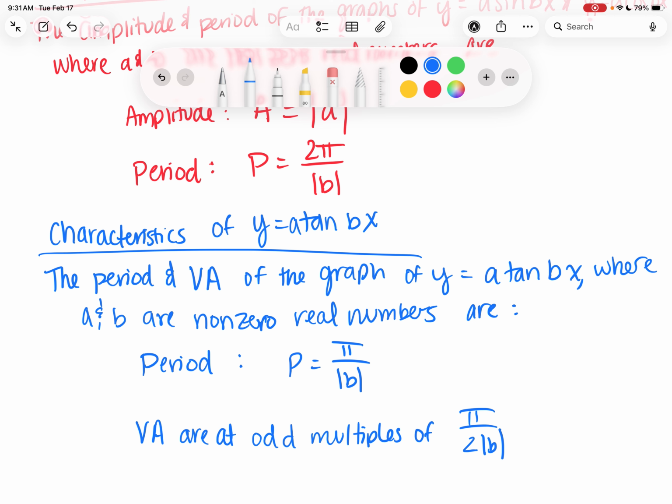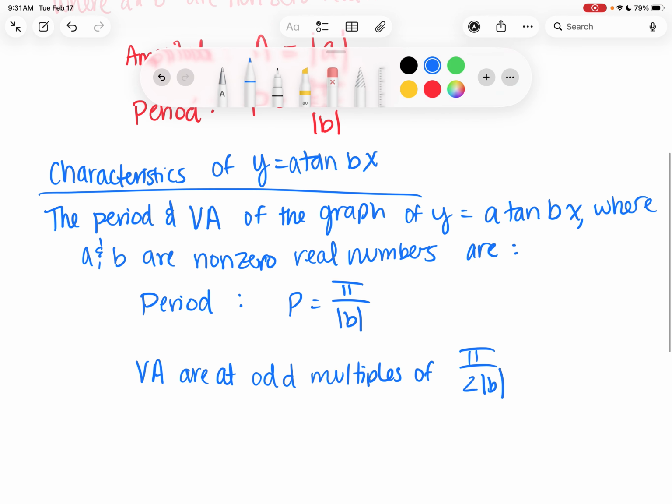Now, in almost every case, I can't really think of a situation where b is negative in any problem that we do in pre-calc or in this class, but we say absolute value because if it was a negative, then we would need to make it positive to find these values.